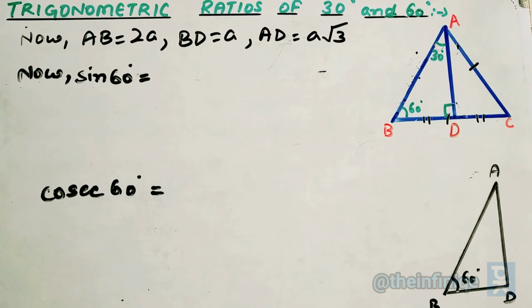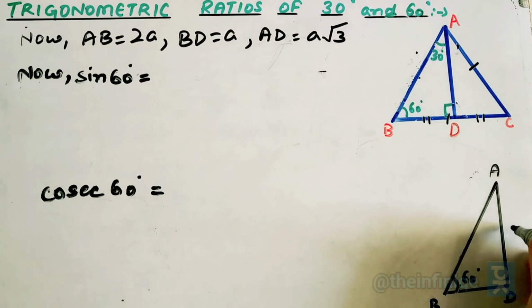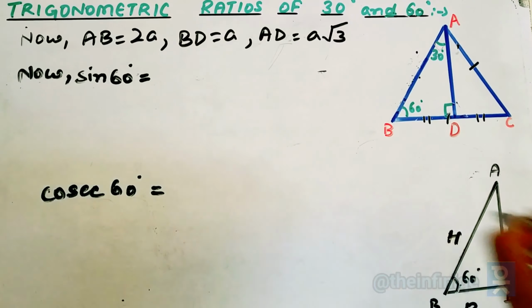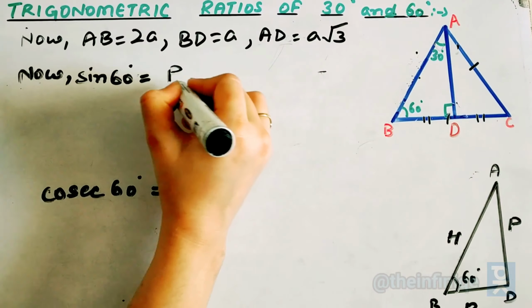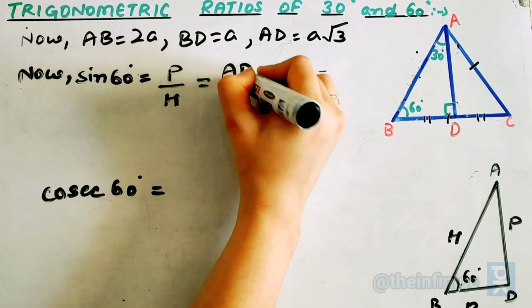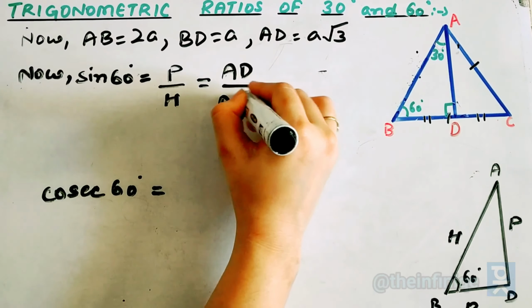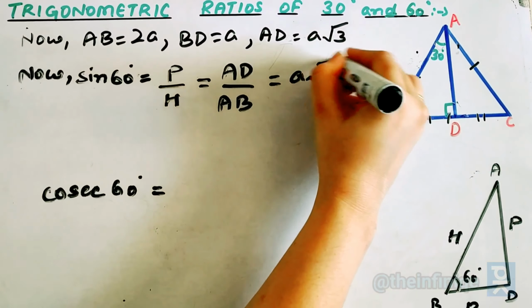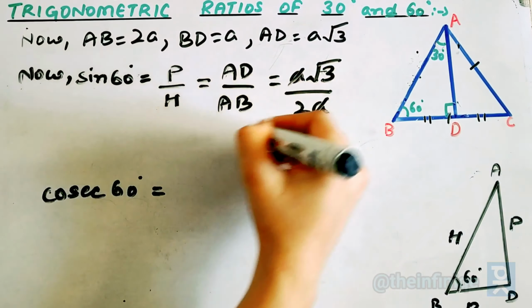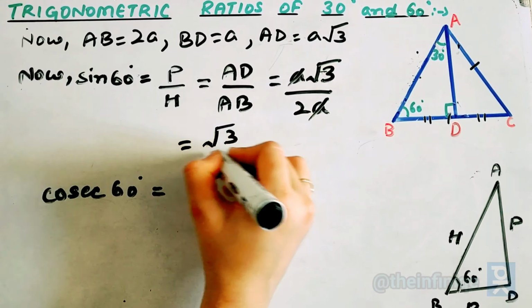Now for calculating ratios of angle 60 degree, we have triangle ADB and angle ABD is 60 degree. Therefore, for 60 degree angle, AD is the perpendicular, BD is the base, and AB is the hypotenuse. So sin 60 degree is equal to perpendicular upon hypotenuse. Perpendicular is AD and hypotenuse is AB. So AD is equal to a root 3 upon AB is equal to twice of a. a and a cancel, therefore sin 60 degree is equal to root 3 by 2.